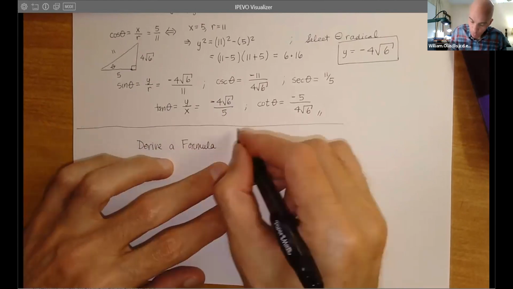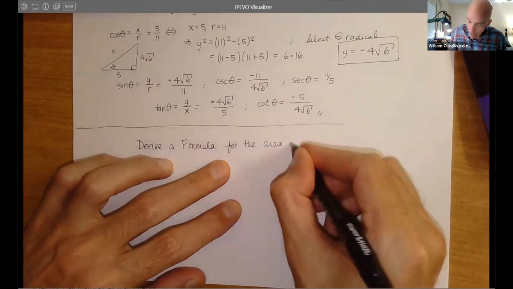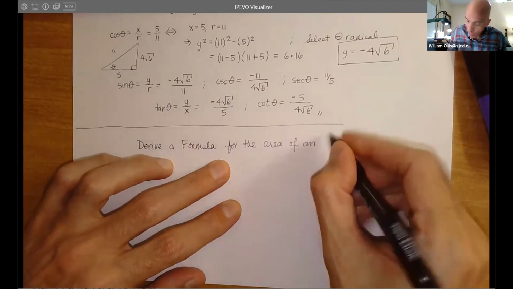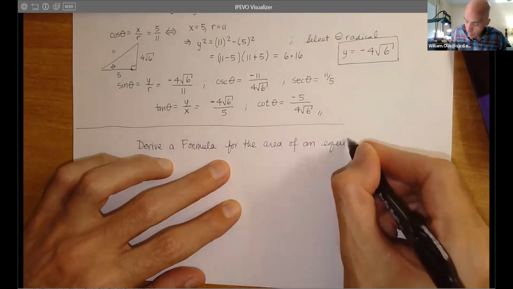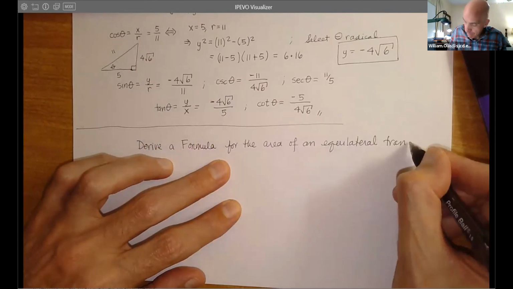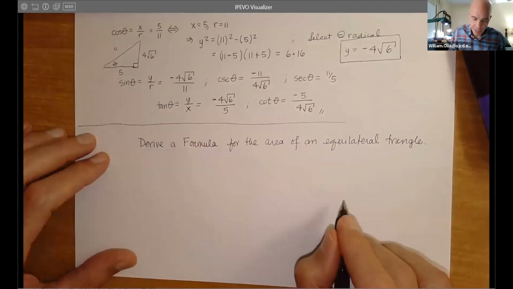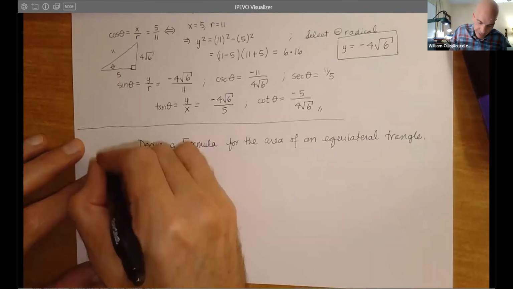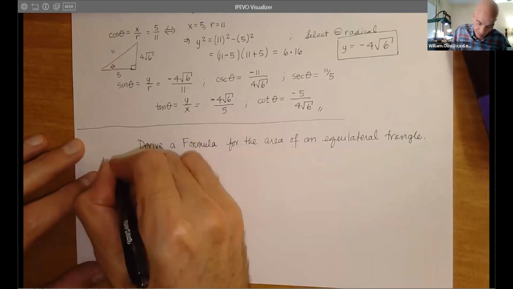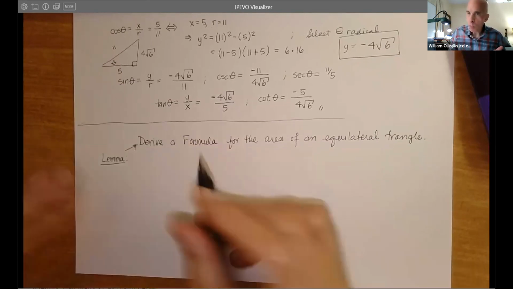Derive a formula for the area of an equilateral triangle. So this is like a little, we can think of this as a lemma. And so we're good to go.